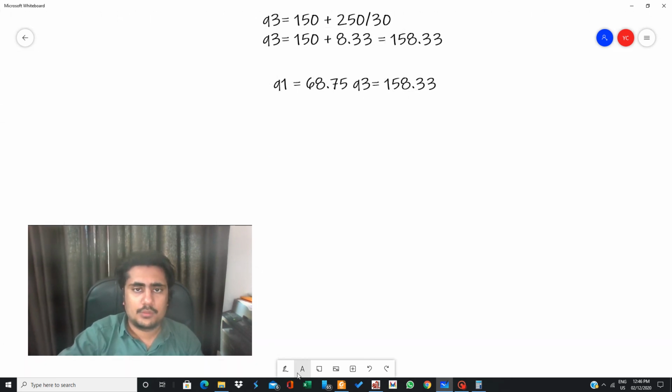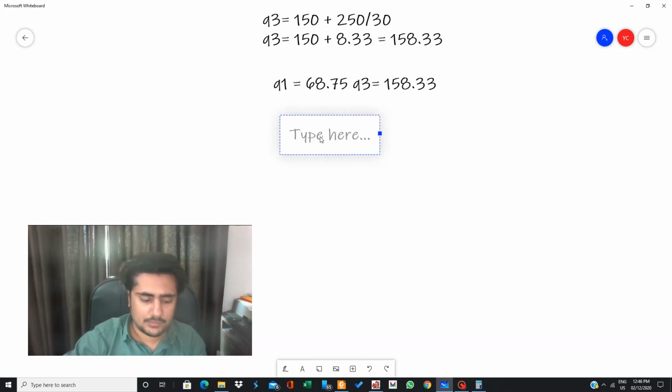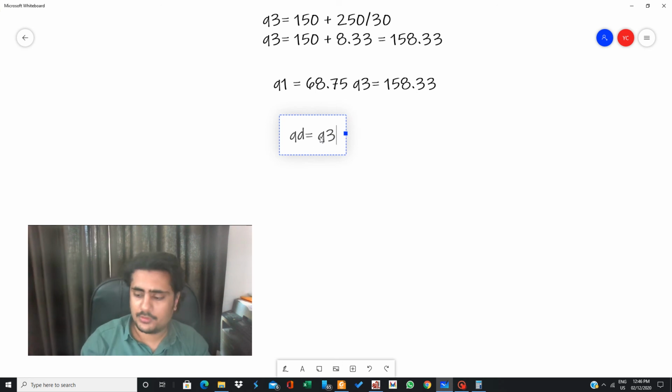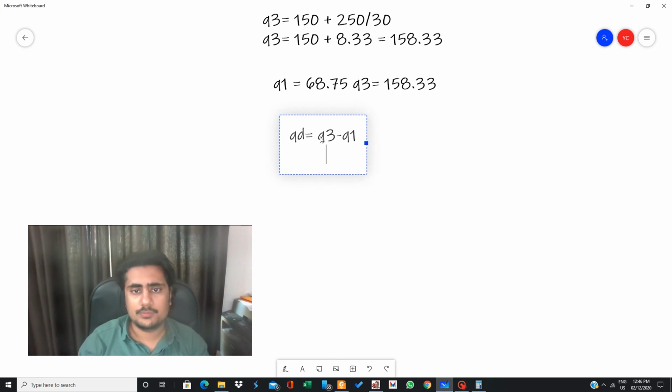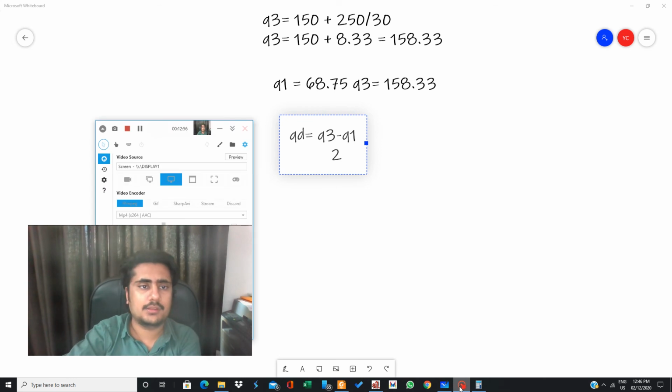Now you are asked to find the quartile deviation. What is the formula for quartile deviation? It's Q3 minus Q1 upon 2. Yes, it's Q3 minus Q1 upon 2.